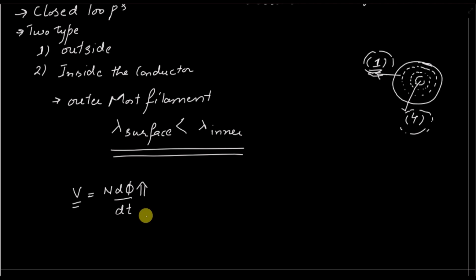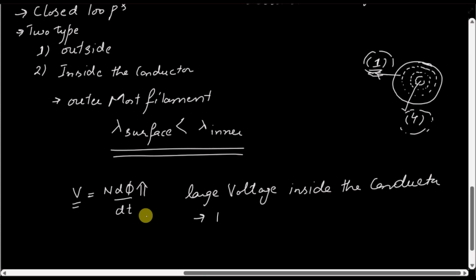The inner layers have more changes in flux and more flux linkage, so there will be a large voltage induced inside the conductor, more specifically in the inner layers.